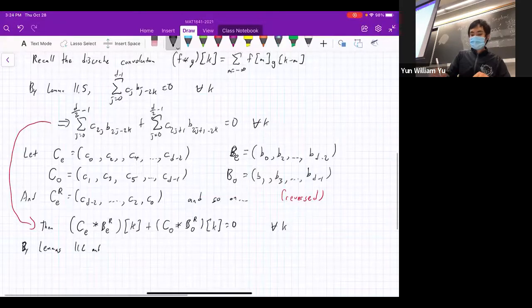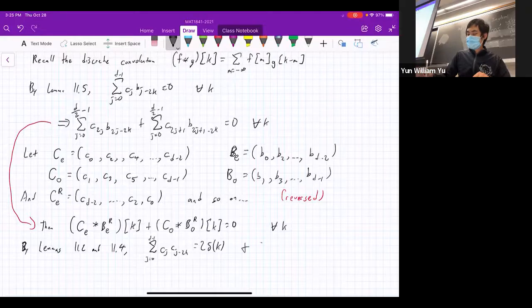11.2 and 11.4, we have that the sum over j equals 0 to d minus 1 of C_{j minus 2k} is equal to 2 delta of k. And the sum from j equals 0 to d minus 1 of b_{j minus 2k} is also equal to 2 delta of k.